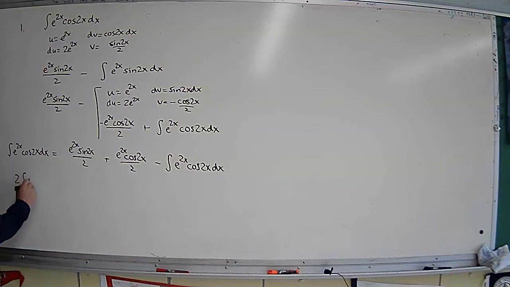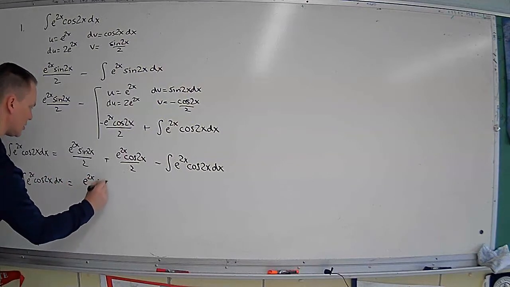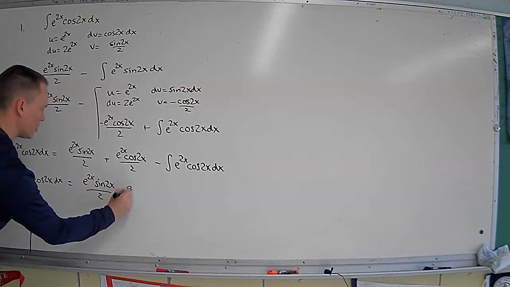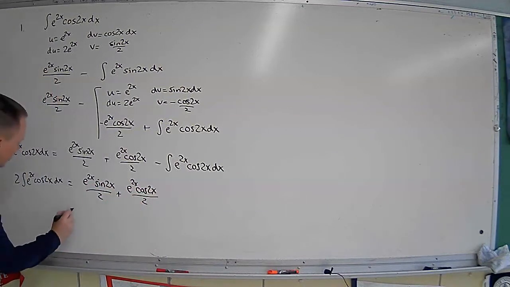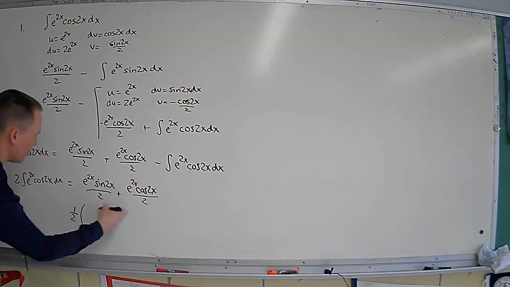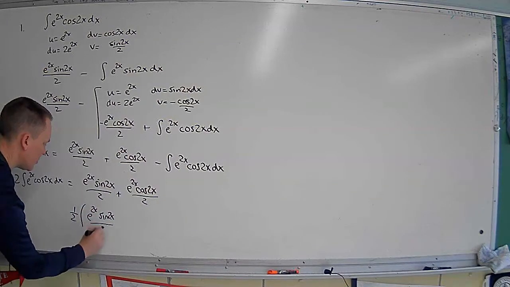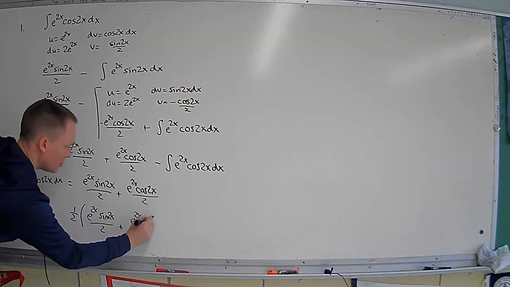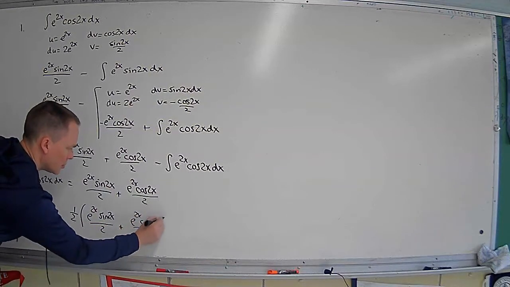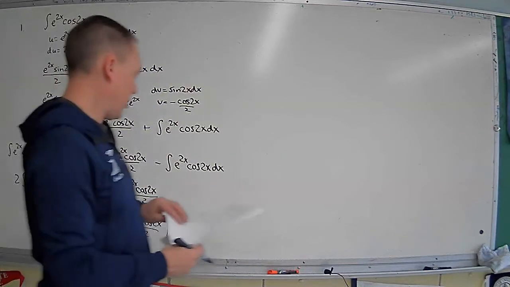So we have 2 of those. And I'll divide by 2. So the final answer would be 1/2 times this, which makes that over 4 if you really want to be particular. So there you go. There's the final answer, that one.